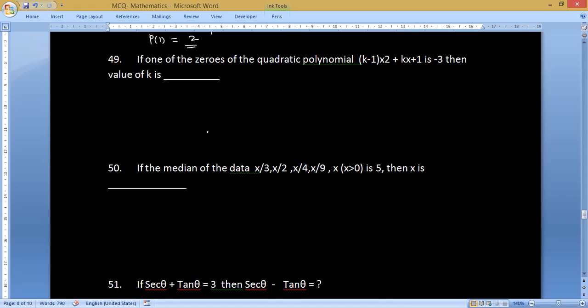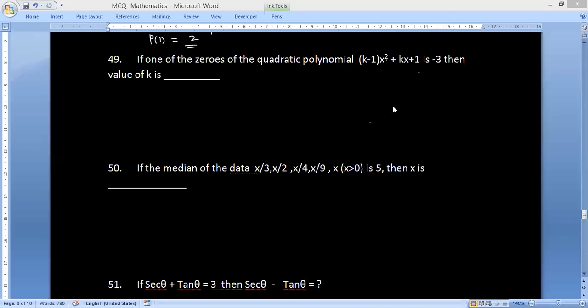So the question is, if one of the zeros of the quadratic polynomial (k minus 1) x square plus kx plus 1 is minus 3, then find the value of k.